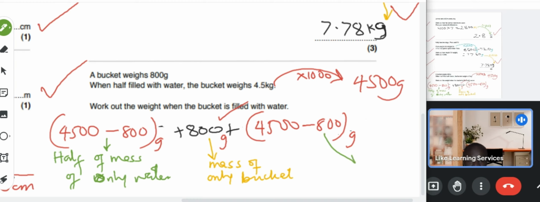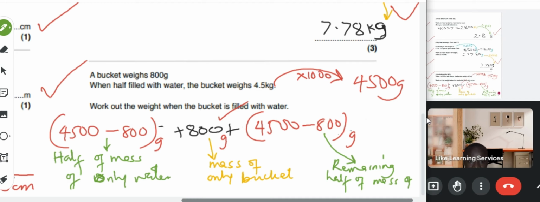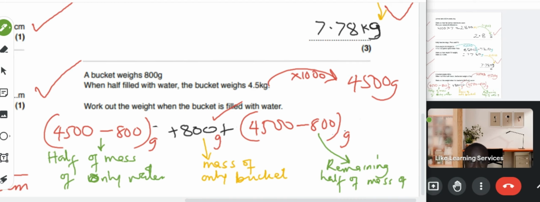This is also the remaining half of mass of water. All right.